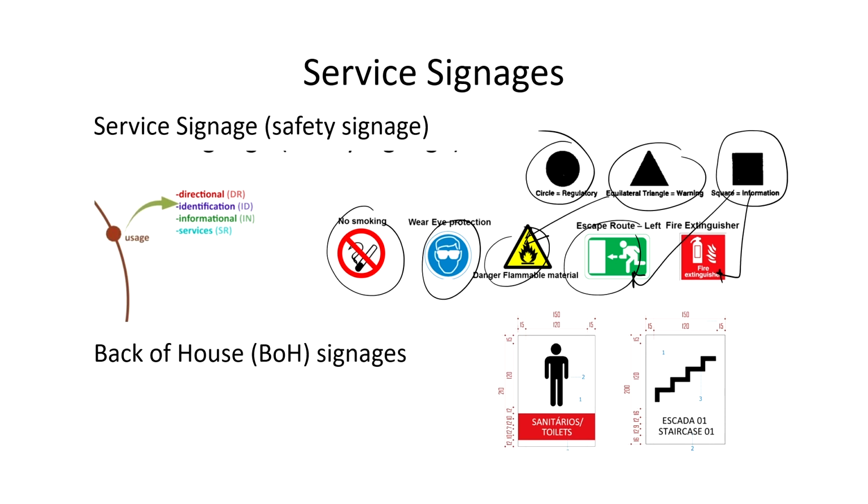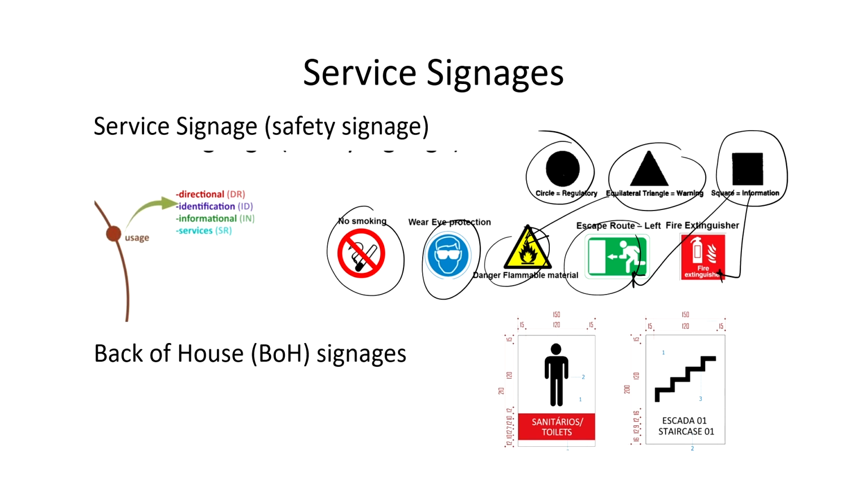For example, in a restaurant kitchen, service signages may include signs indicating the location of the fire extinguisher, emergency exit, first aid kit, and in hotels, back of the house signages might include signages directing the staff to the laundry services, supply store area or maintenance room.